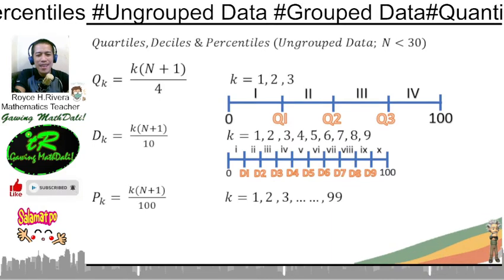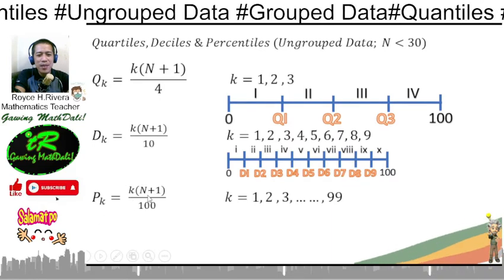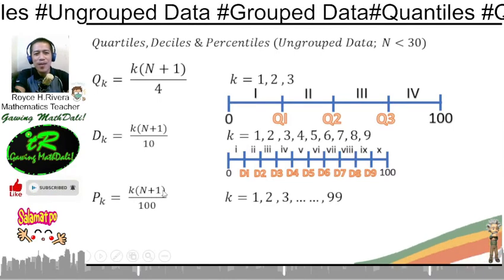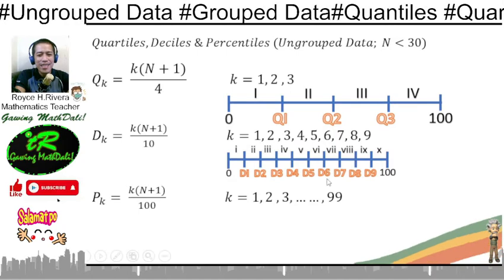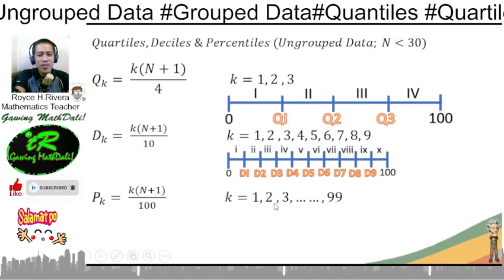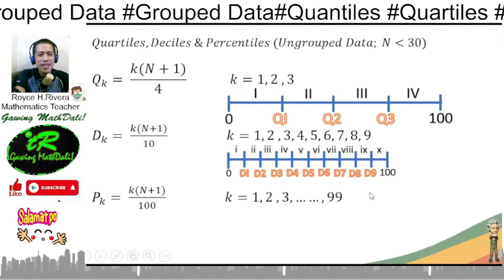For percentile, we have P sub k is equal to k times the quantity n plus 1 all over 100, where k is equal to 1, 2, 3 up to 99.